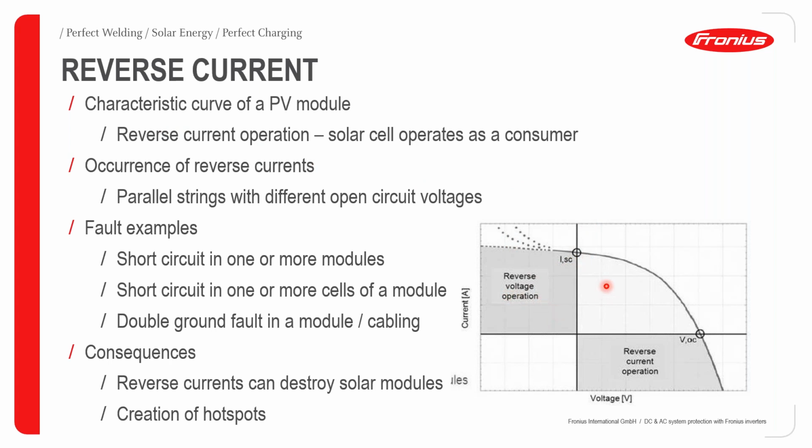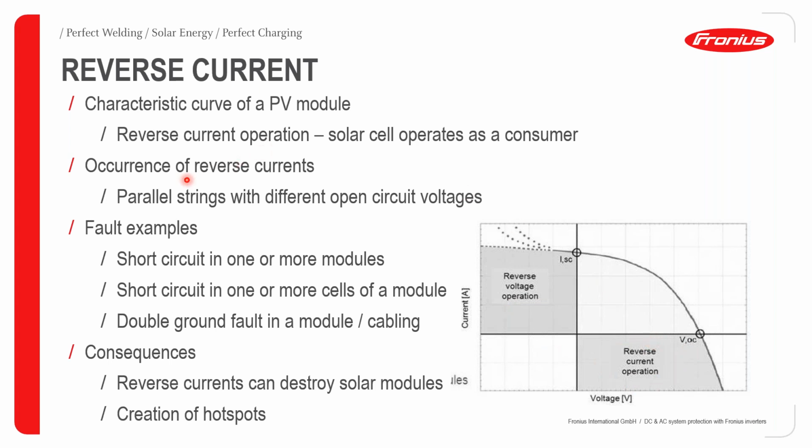To the right here, we can see a graph of a solar module, or an IV curve. This unshaded area here is the normal operation as far as the production of a solar cell is concerned. When it starts consuming power, so we have a negative current or voltage going through the cell or the module, then that module or cell becomes a consumer.